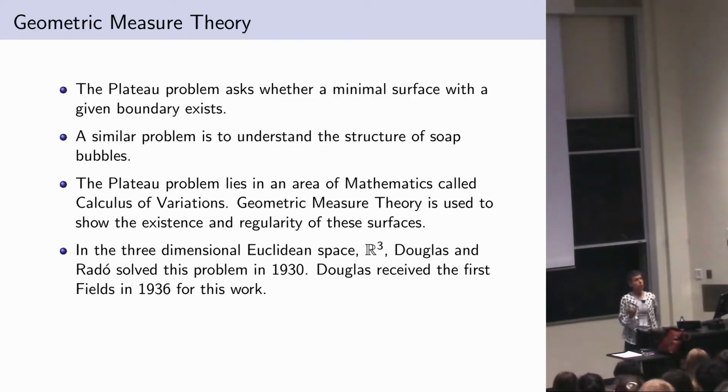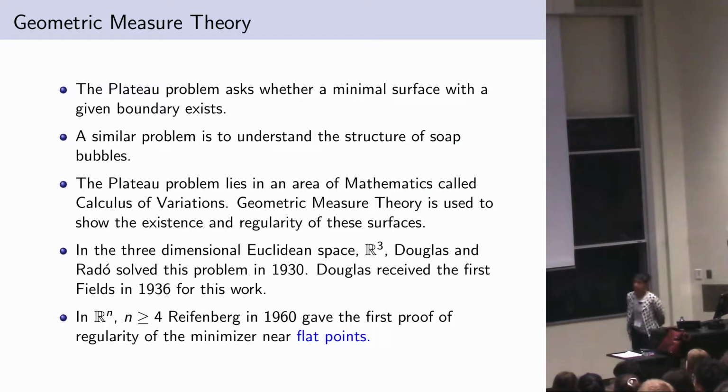Why do I say that? This was very important, and still is a very important question. Many things have happened, we can say many things, but we still have lots of questions. And in R^n, remember, that was in R^3. In R^n, when n is greater than 4, Reifenberg in 1960 gave the first proof of regularity of minimizers near flat points.